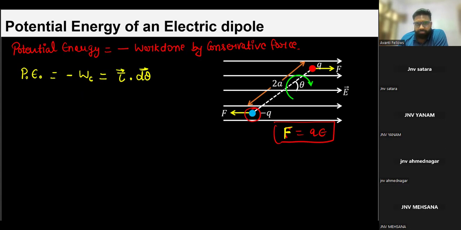Okay. Got it? Now, you will see that this upward force tries to rotate it in this direction. So the rotation of this dipole will be in the clockwise direction. If you curl your finger in the clockwise direction, the direction of the thumb represents the direction of torque. So torque here in this case is inside, and the inside direction will be what? Minus k cap.